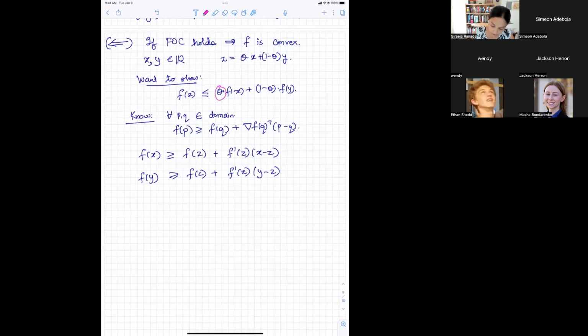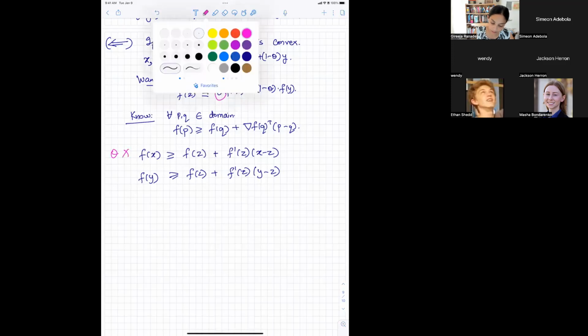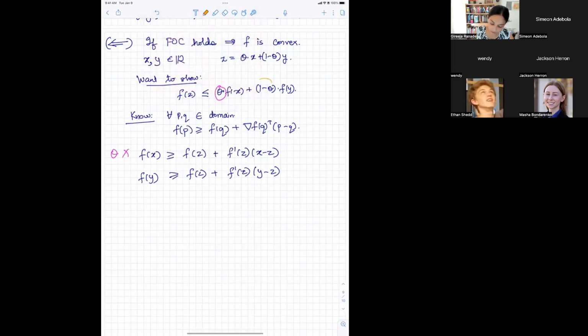And now I want to have a theta on the f of x. So I'm going to try multiplying this by theta. And I want to have this 1 minus theta here. So I'm going to try 1 minus theta times this equation.